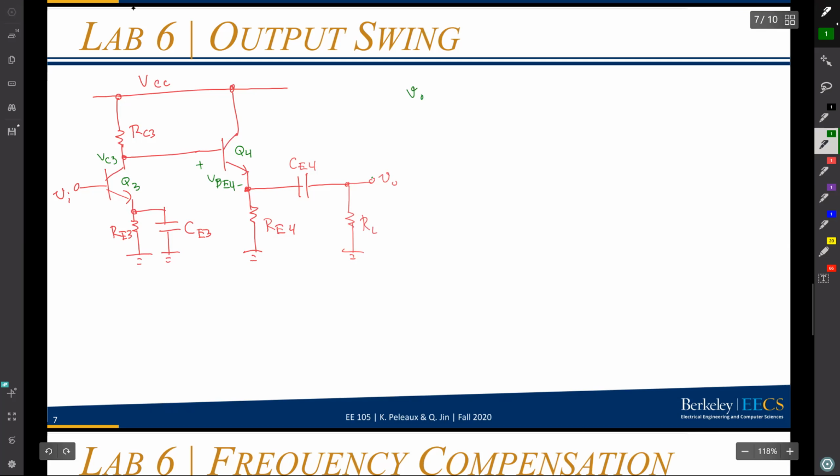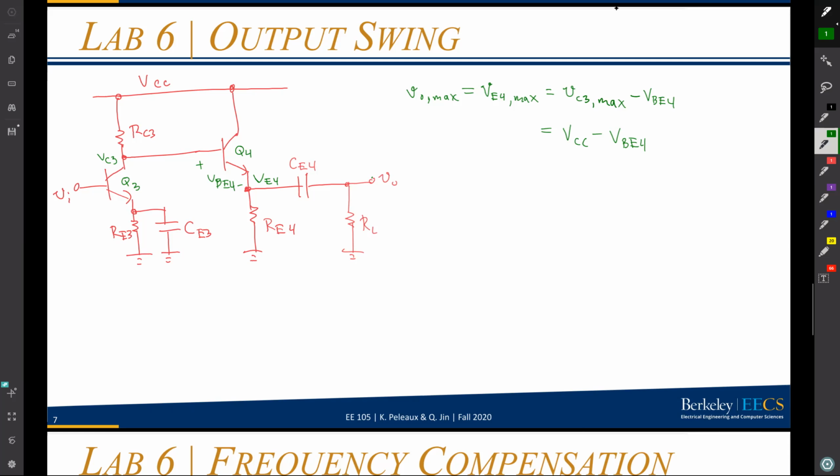VO max is going to be VE4 max, which is VC3 max minus the on voltage of Q4. My emitter of Q4 cannot go higher than VC3 minus VBE4. And VC3 max is just VCC. So this is a case where the output swing is actually dictated by the second to last stage. This is the kind of thought process that you need to go through.